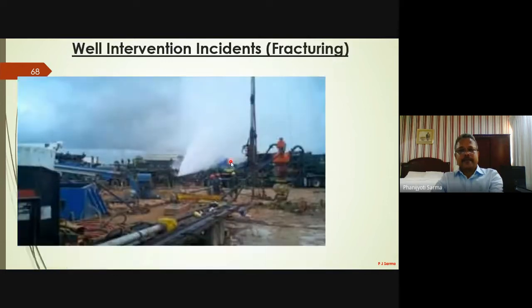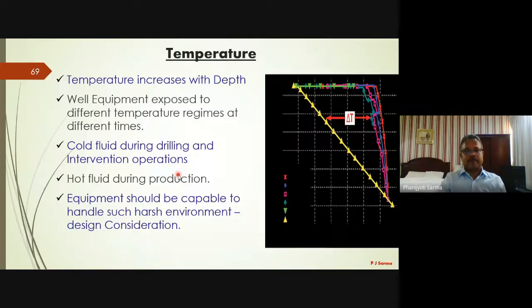And then during fracturing, again the same thing: very high pressure is associated. If the equipment is not monitored properly or maintained properly, an incident might happen during the operation.